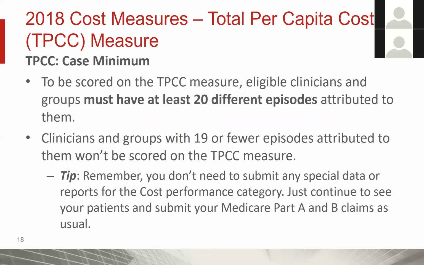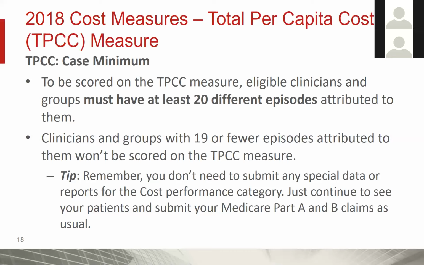There is also a case minimum requirement to the total per capita cost measure. So in order to be scored on the TPCC measure, eligible clinicians and groups must have at least 20 different episodes attributed to them. Clinicians and groups with 19 or fewer episodes attributed to them will not be scored on the TPCC measure. So it's very important that you're aware of the case minimum requirements in order to be scored.